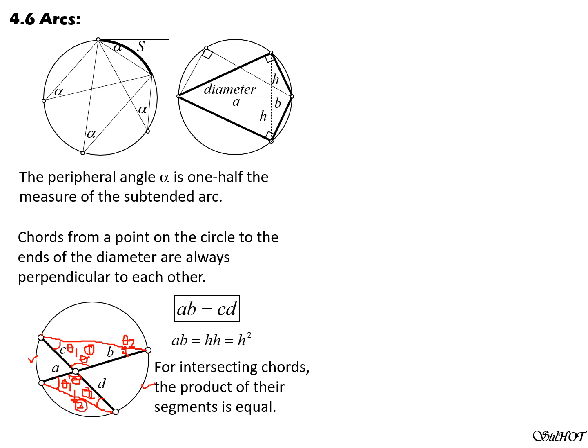Opposite of theta 2 in triangle 1 is C, while opposite of theta 1 in the upper triangle is B. Then in the lower triangle, opposite of theta 2 is A, and opposite of theta 1 is D. So by cross multiplication, AB equals CD. So that's the proof of that theorem.